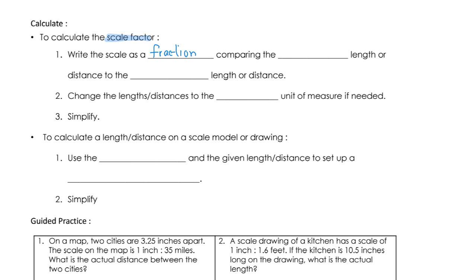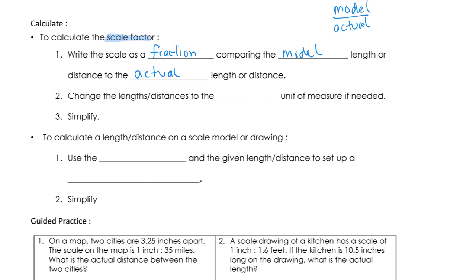Then you would write it as a fraction that compares the model length or distance to the actual length. And I'll tell you, there's something that we simply would write on most of our papers that says model over actual.